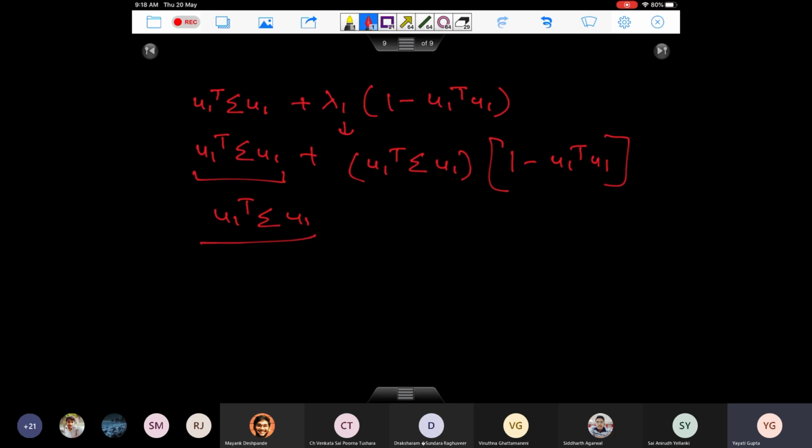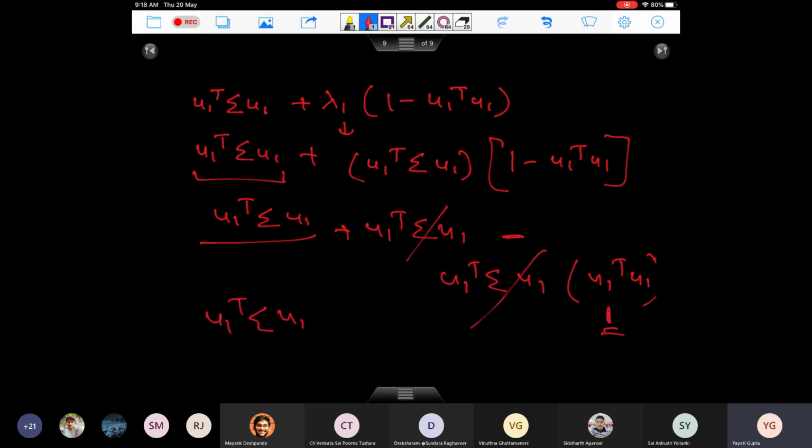U1 transpose sigma U1 minus U1 transpose sigma U1 into U1 transpose U1, and this is nothing but your 1. So this quantity gets cancelled out. What do we get? U1 transpose sigma U1. So ultimately we end up maximizing this whole thing again.